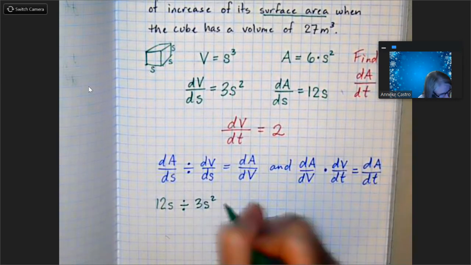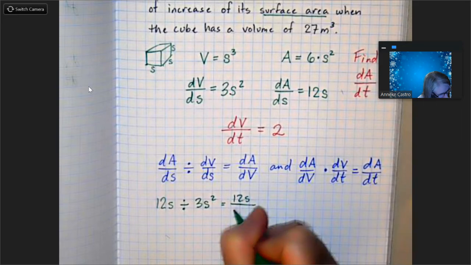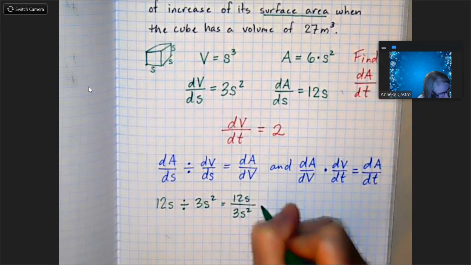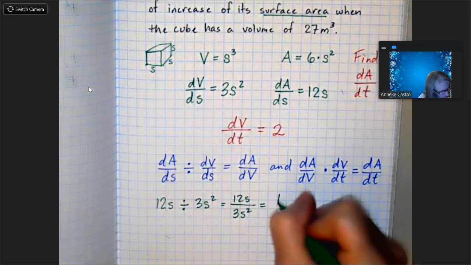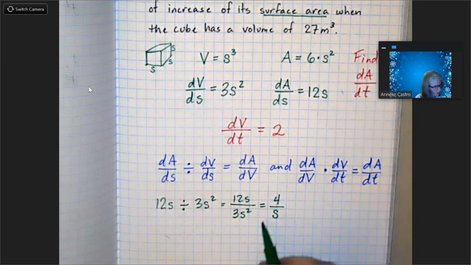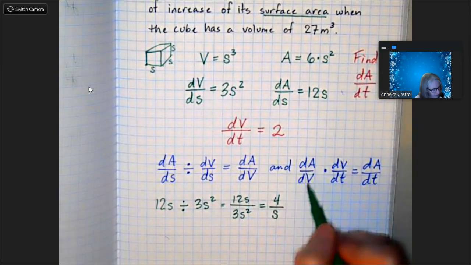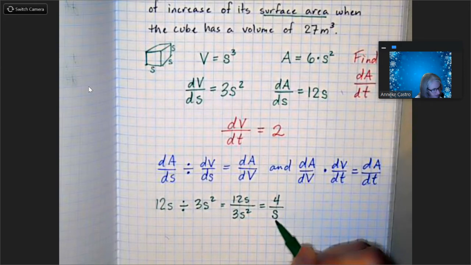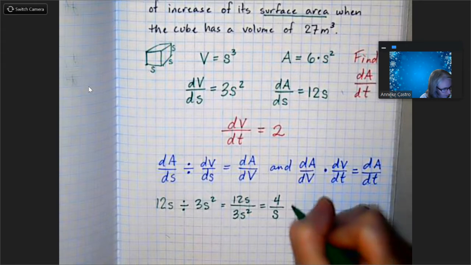That is the same as 12s over 3s squared, which simplifies to 12 divided by 3 is 4, and s over s squared is just s. So there's my dA/dV. So my dA/dV is 4 over s. I'm going to put a semicolon here.